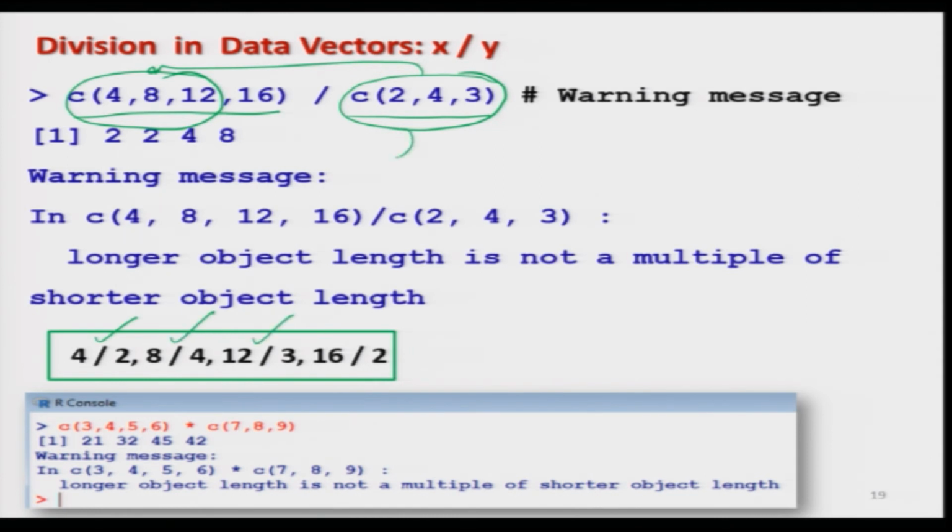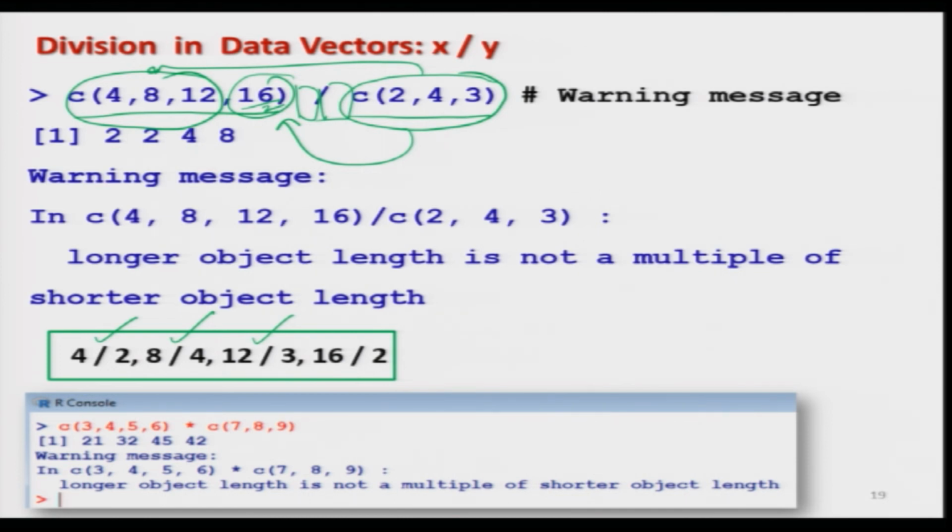Now, after this it will be transported once again, because one number is left in data vector 1. So, this 16 will be divided by 2, but after this there are no elements by which this 4 and 3 can be divided. So, R will get confused, R will not know what to do.